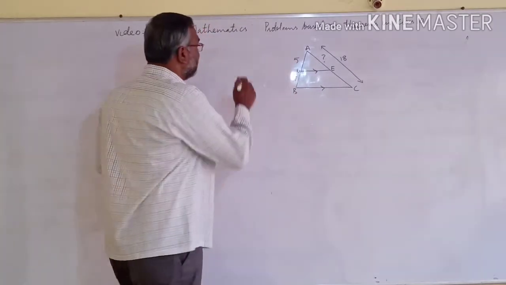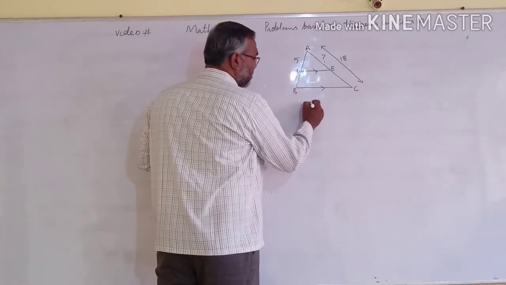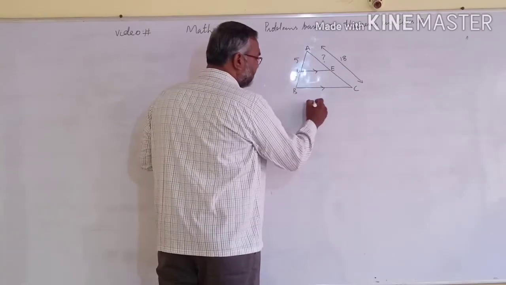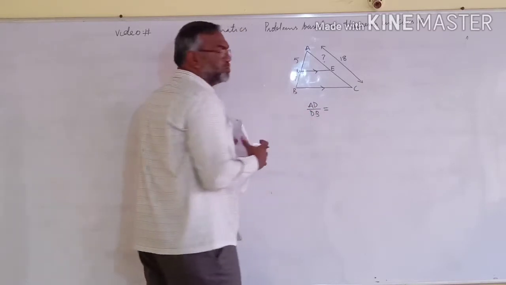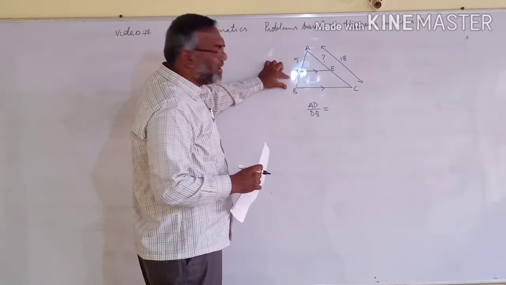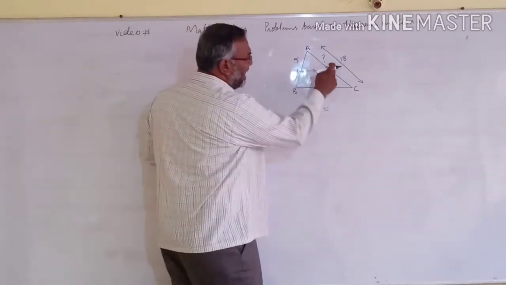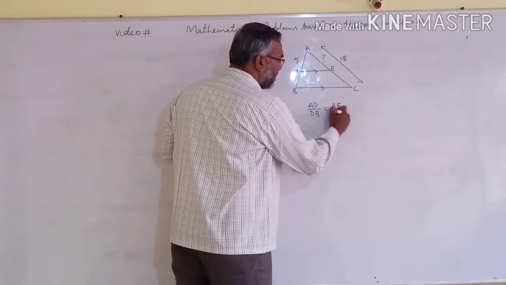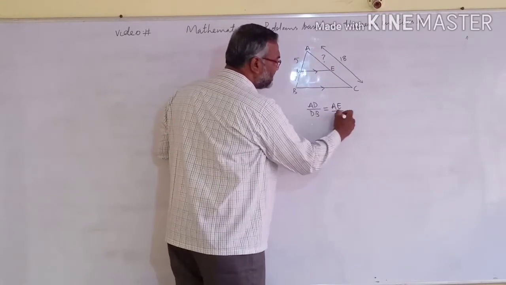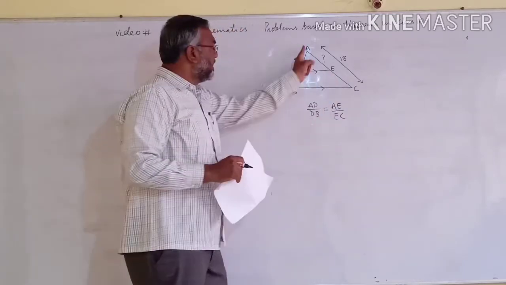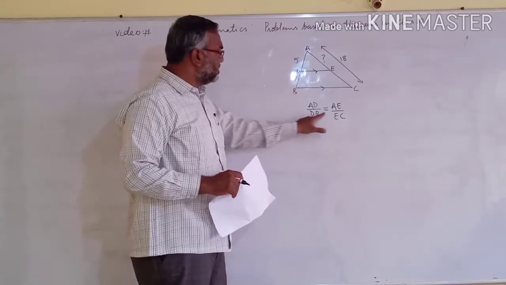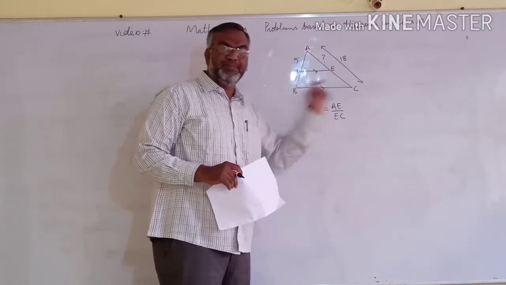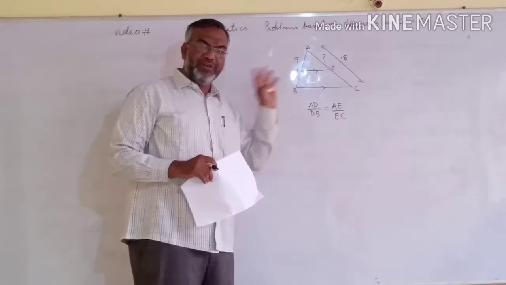We have seen this. AD divided by DB will be equal to AE divided by EC, part divided by part is equal to part divided by part. This I have explained.